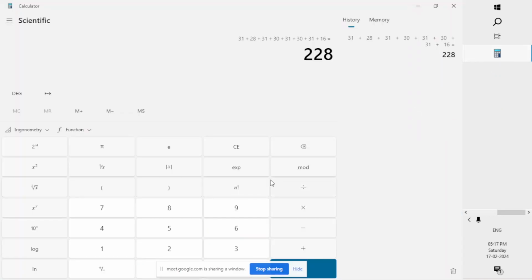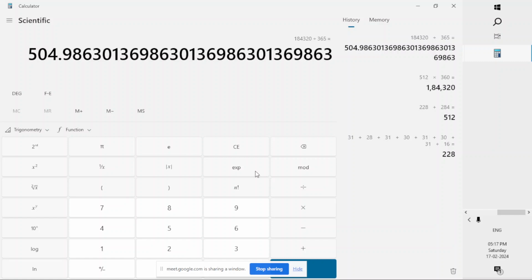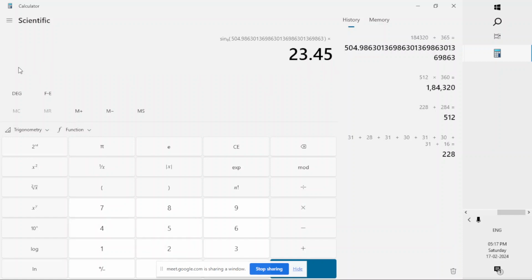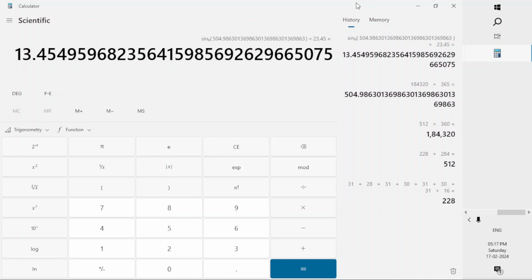Here we have 228 plus 284 into 360 divided by 365, and the sine of this value is 0.57 into 23.45, which is 13.45.